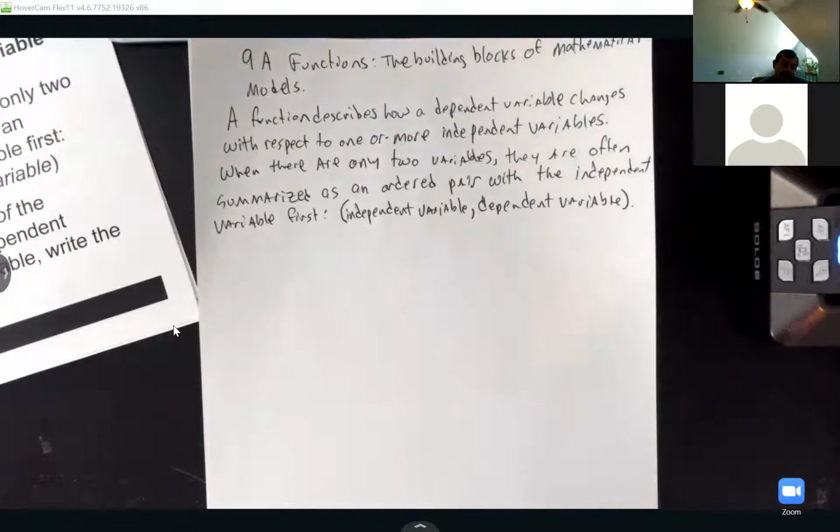So that's what you call an independent variable. The dependent variable would be the amount of my paychecks, because it depends on how many hours you work. Okay. So that's what they mean by a dependent variable, when something like your pay depends on another variable, such as time.